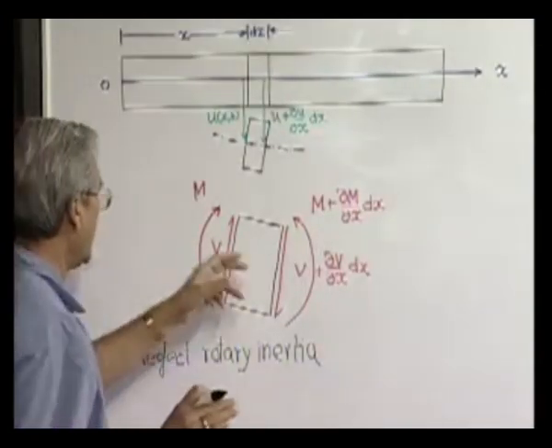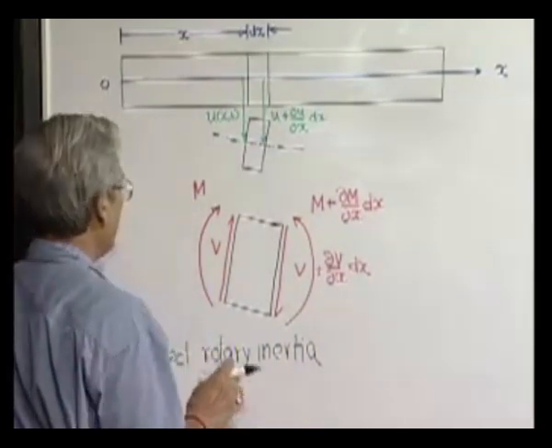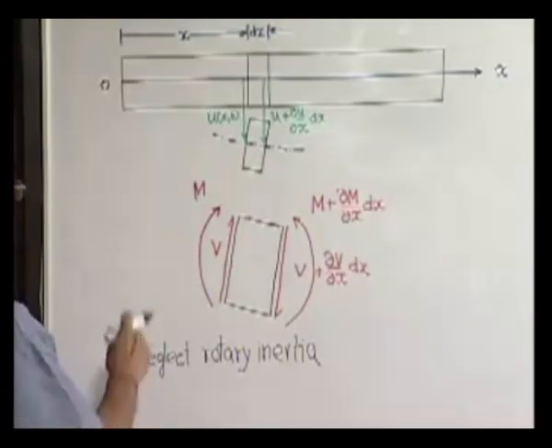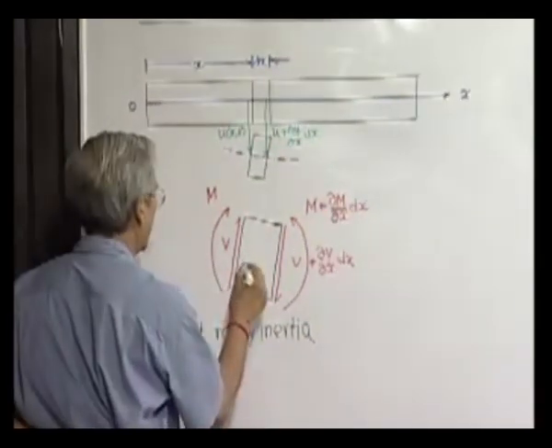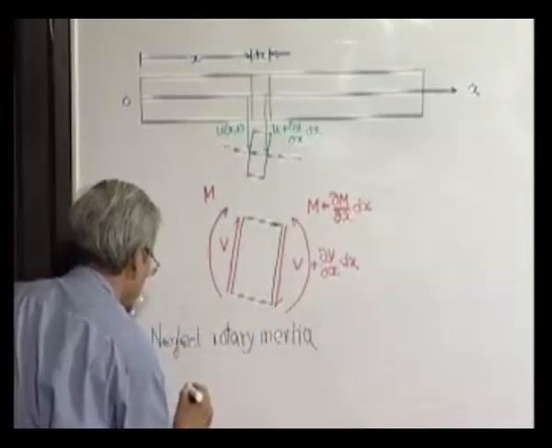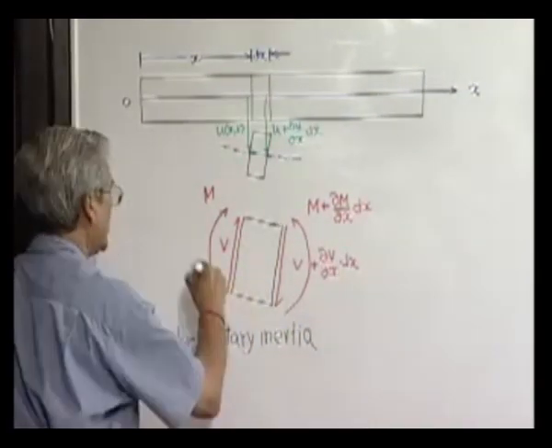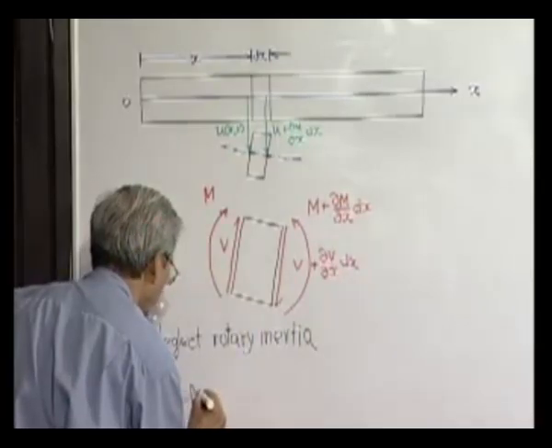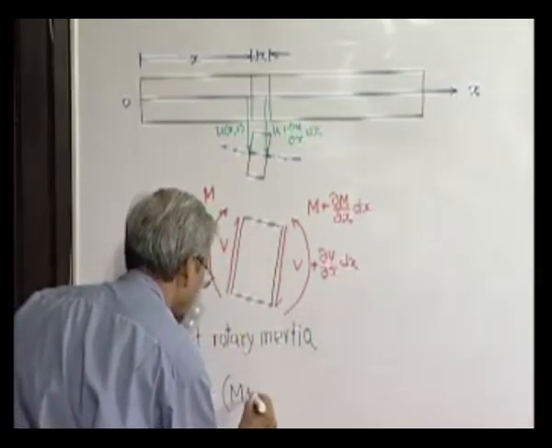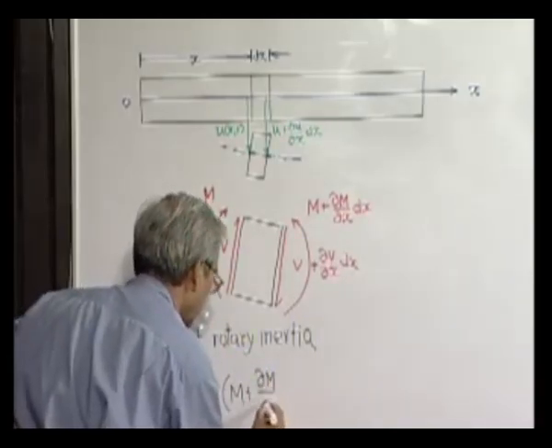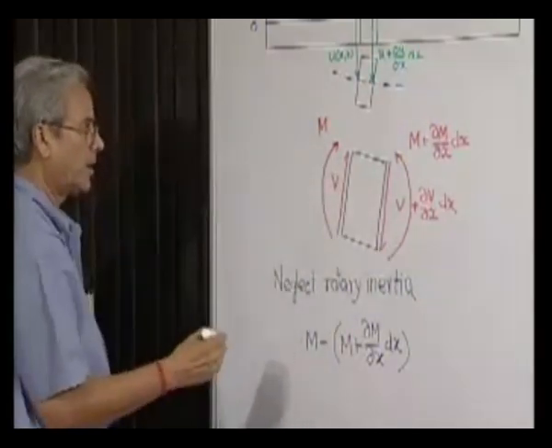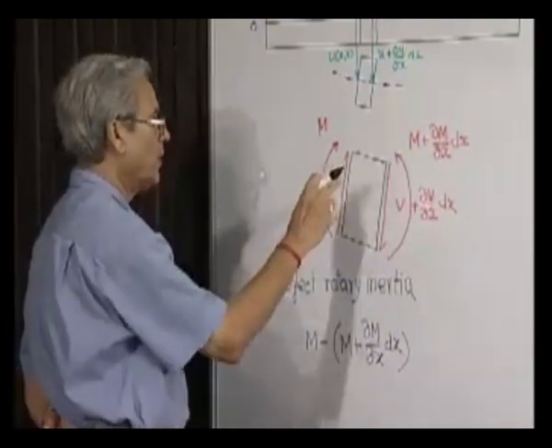If this rotary motion is ignored, then the total moment it is subjected to must be 0. Now what is the total moment? If we take the moment in the clockwise direction, it will be M minus the anti-clockwise moment, which is M plus del M, plus there is a clockwise moment because of the two V's.